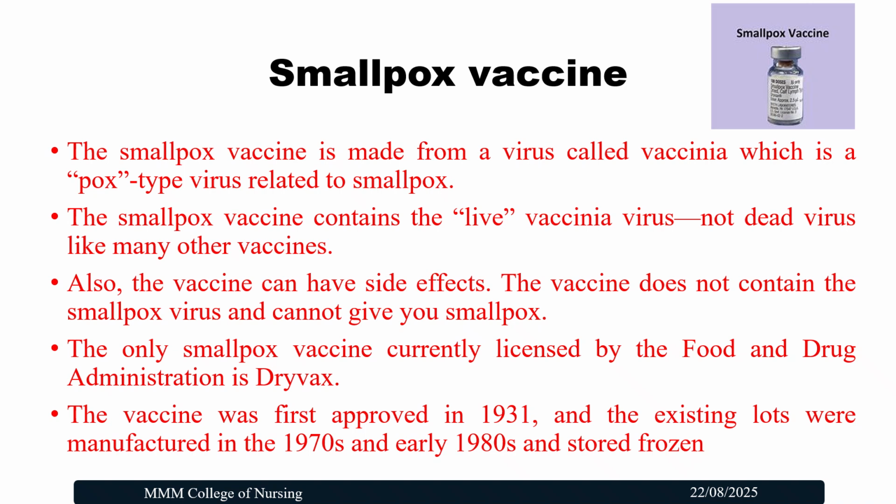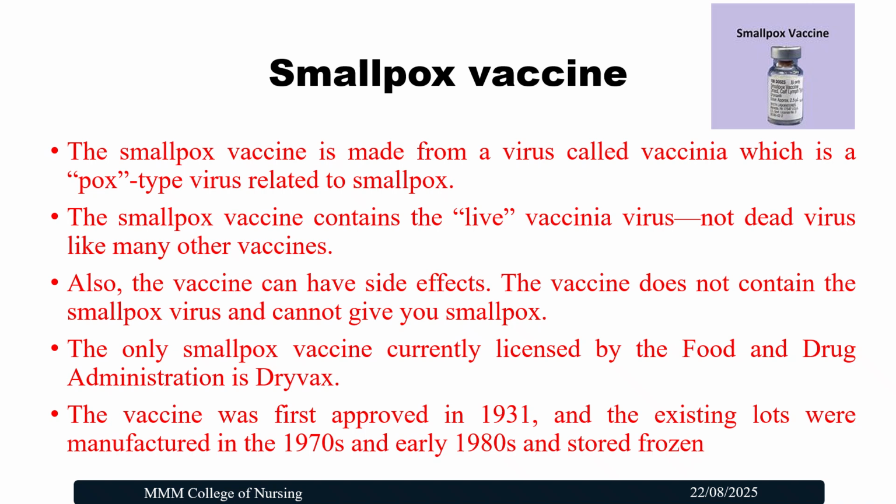Smallpox vaccine. The smallpox vaccine is made from a virus called vaccinia, which is a pox-type virus related to smallpox. The smallpox vaccine contains the live vaccinia virus, not dead virus like many other vaccines. Also, the vaccine can have side effects.